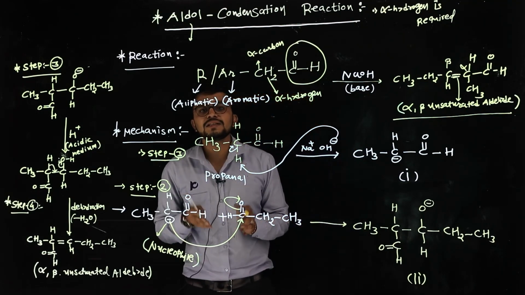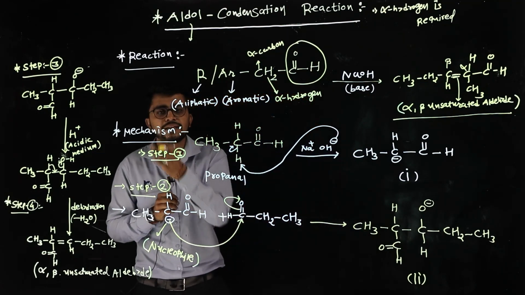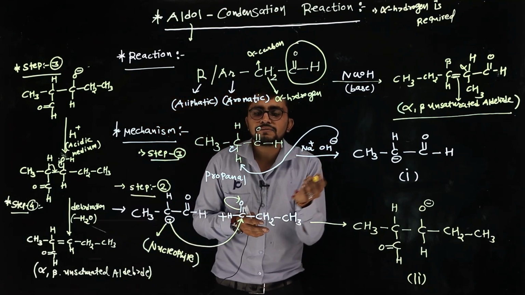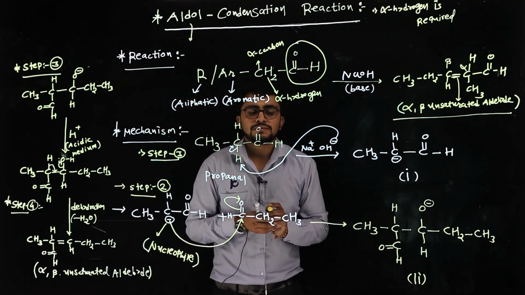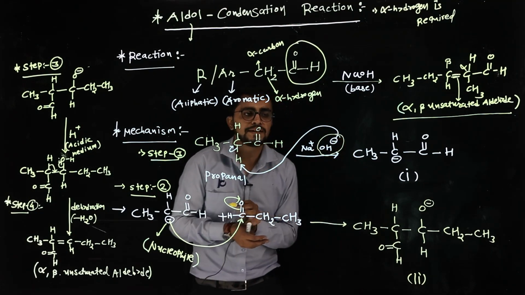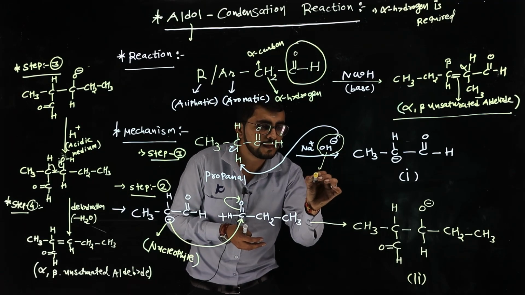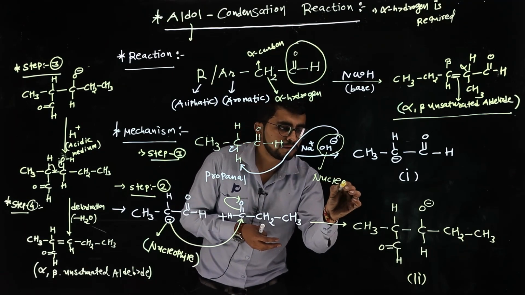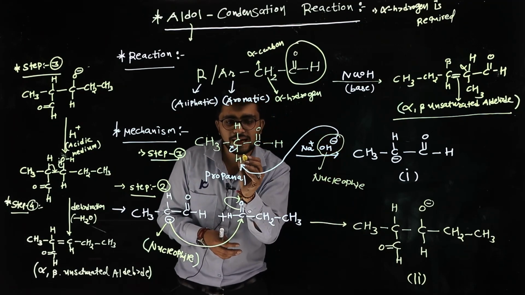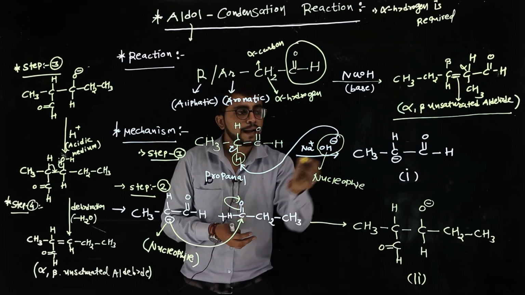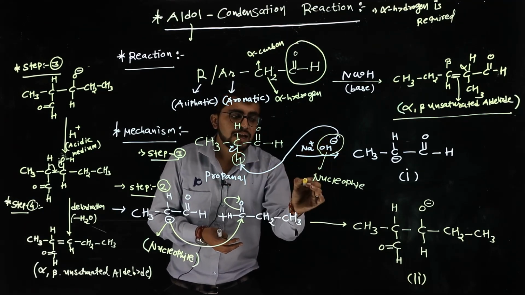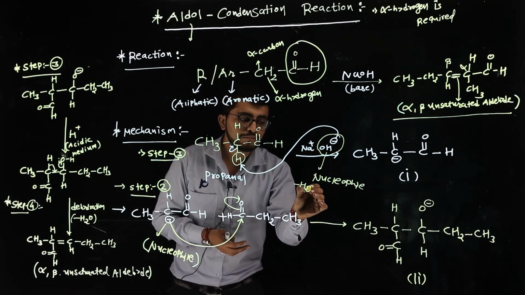What is the mechanism of this reaction? In this mechanism, the base reacts with the alpha hydrogen. The OH minus ion is a nucleophile and is attached to the alpha hydrogen. The alpha hydrogen is abstracted by the OH minus ion, which is a base, and H2O is removed.